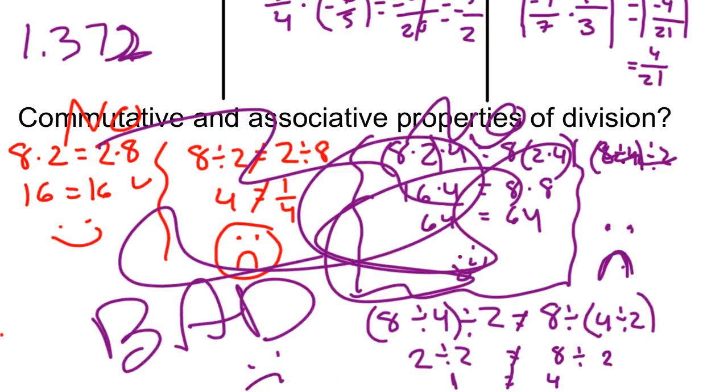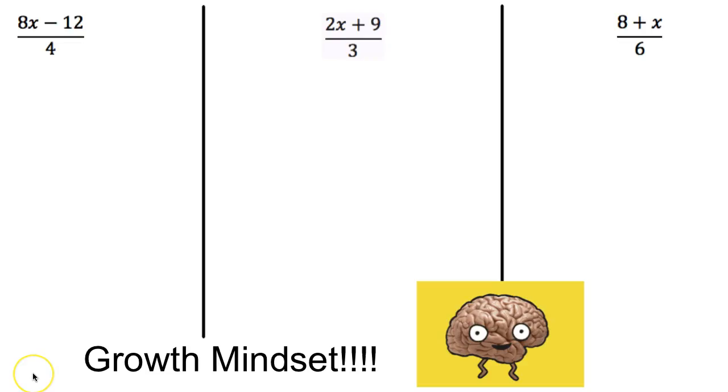Sad. Okay, moving on. What we're going to do now is look at some of these big fractions. Don't be scared. Keep that growth mindset. I know they look a little scary, but we can just break them into 2 smaller ones to make it a little bit easier. So we have (8x minus 12) divided by 4. This is the same as 8x divided by 4 minus 12 divided by 4.